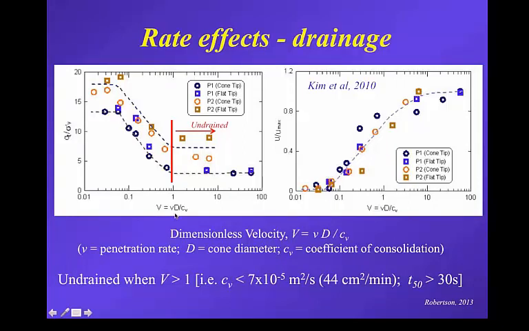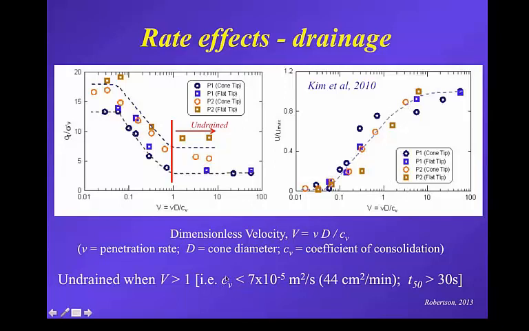And so there's been a fair bit of work on this, and Randolph did some of the early work and developed this dimensionless velocity, which is the actual velocity times the diameter of the probe divided by the coefficient of consolidation. I know it says CV there, but it should say CH. Now, for undrained penetration, nominally it's a dimensionless velocity of greater than 1. It varies a little bit.